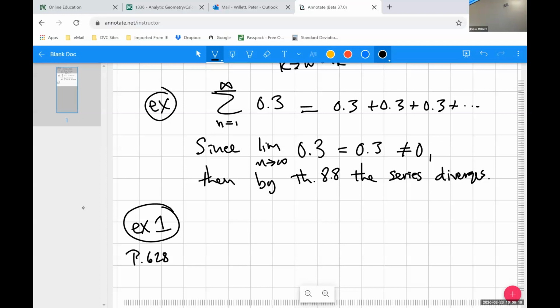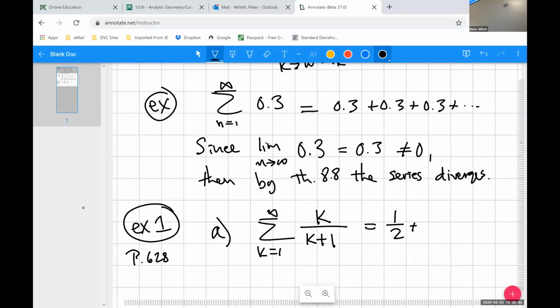So let's consider part A, which is the summation as k goes from 1 to infinity of k over k plus 1. And we've actually looked at this before. So just to remind ourselves what this looks like, when I plug in a 1 for k, I get 1/2.